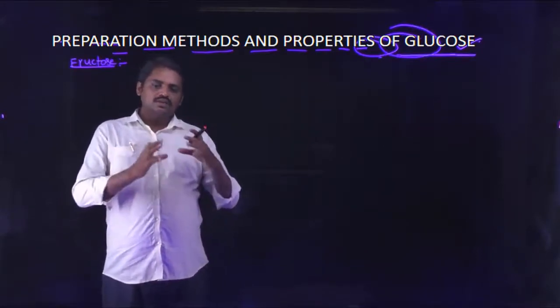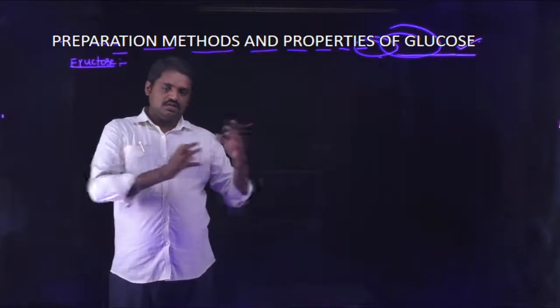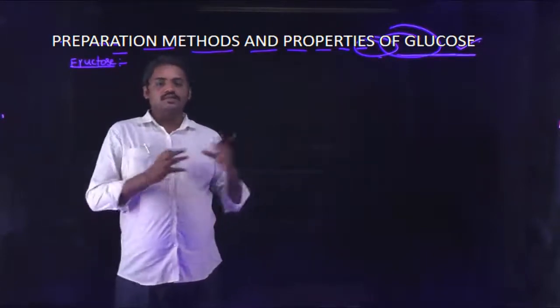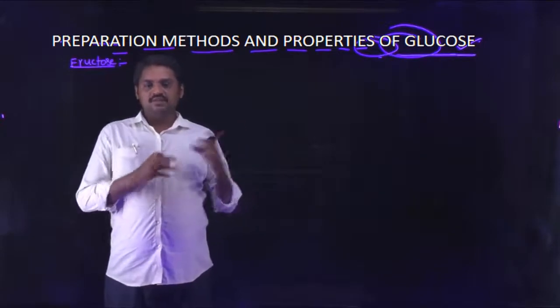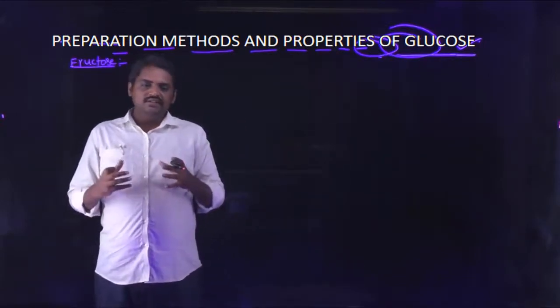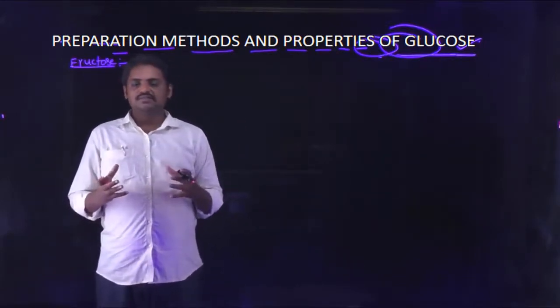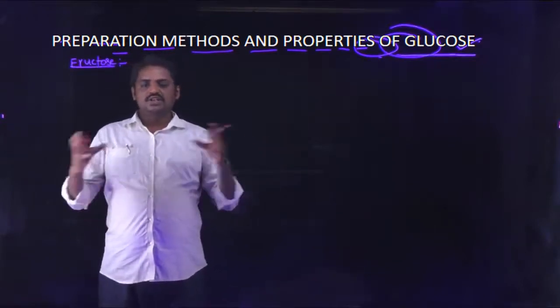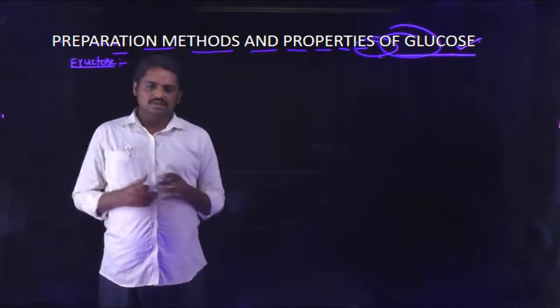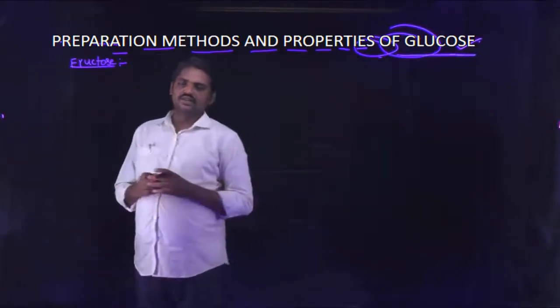Glucose, fructose, and mannose are isomers. These three units have the same molecular formula, but their properties are different. That is the only reason.